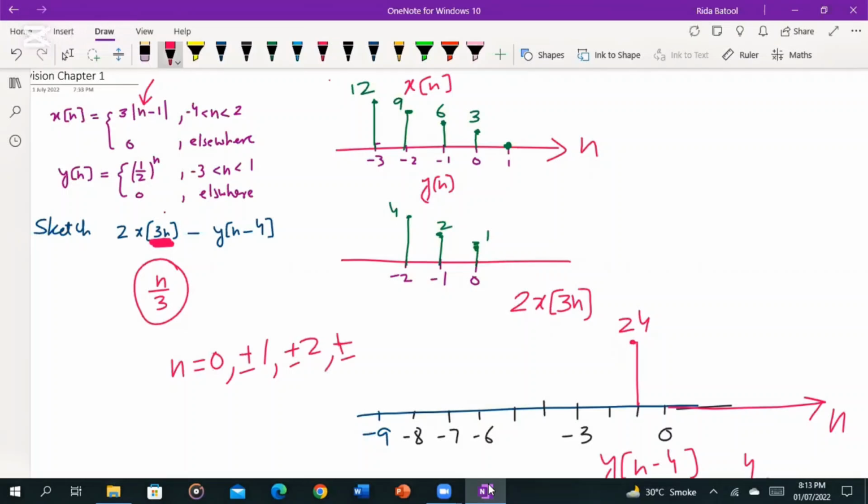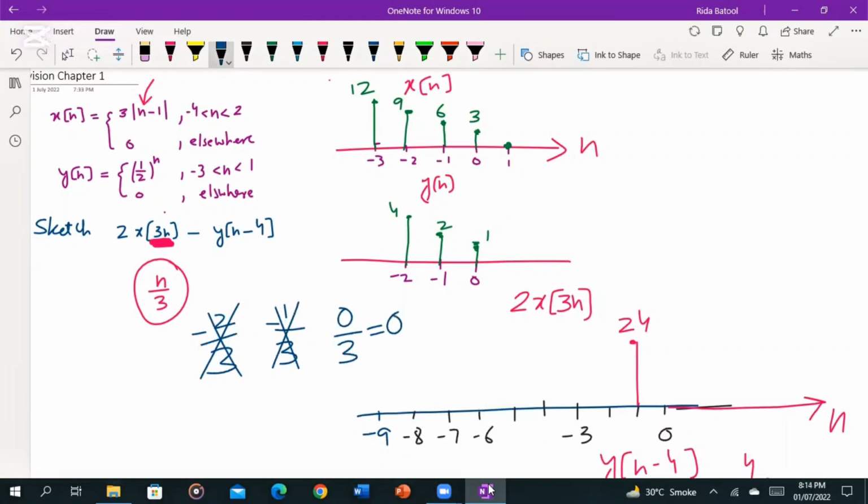So you cannot sketch at a real value of n, because decimal values do not exist here. So you cannot sketch at minus 2 by 3. Now what about minus 1 by 3? What about 0 by 3? 0 by 3 will be 0.